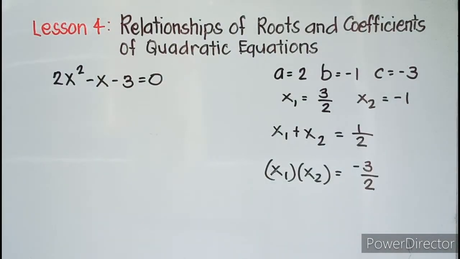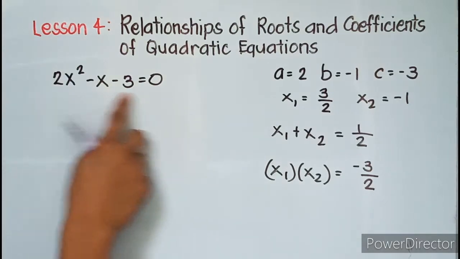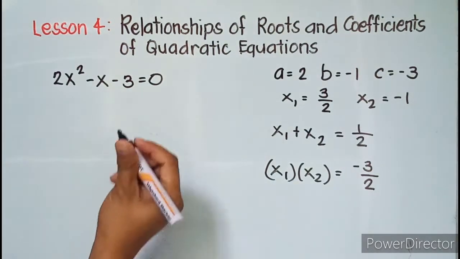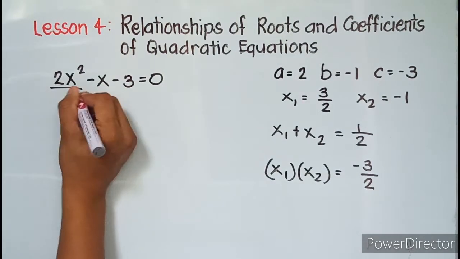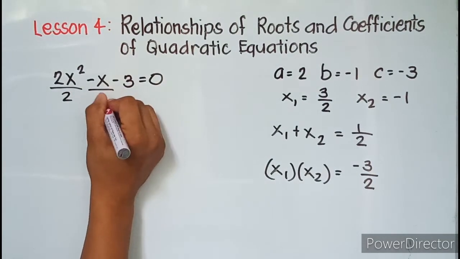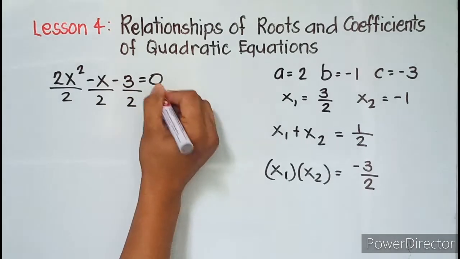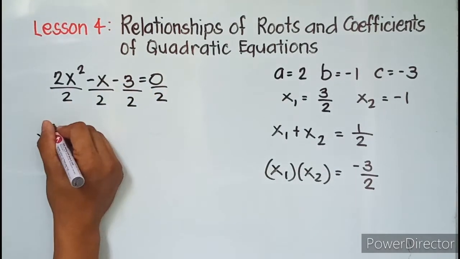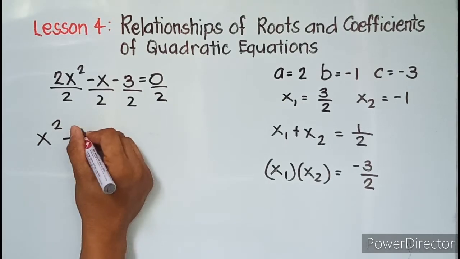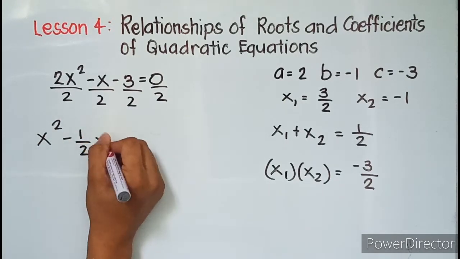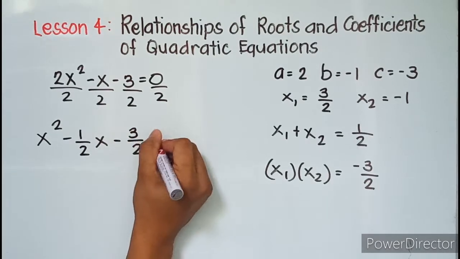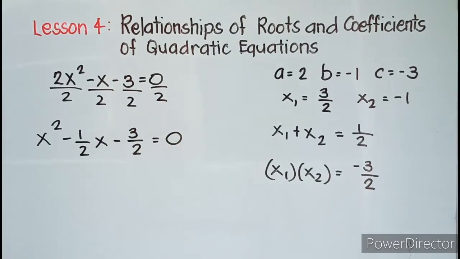If we're going to divide both sides, or all terms by positive 2 by a, so that will be x squared minus 1 over 2x minus 3 over 2 is equal to 0.